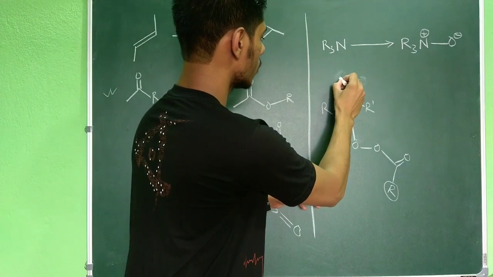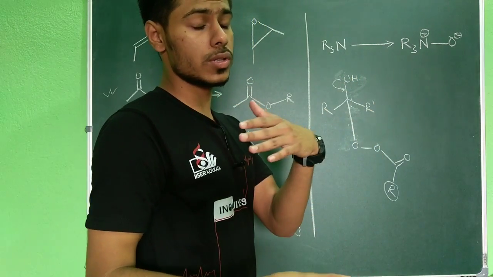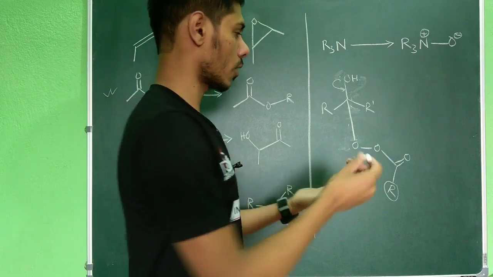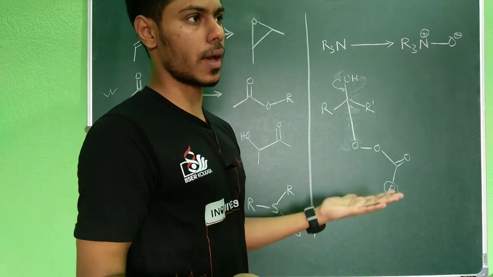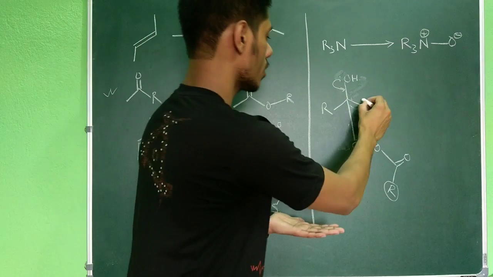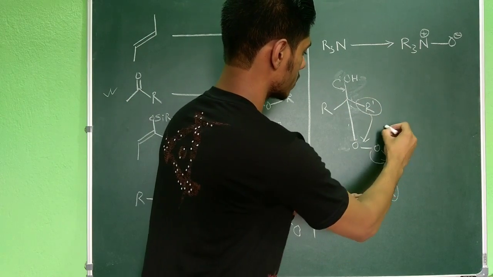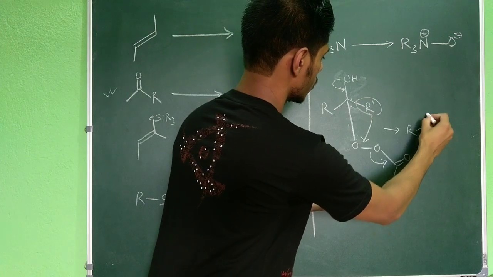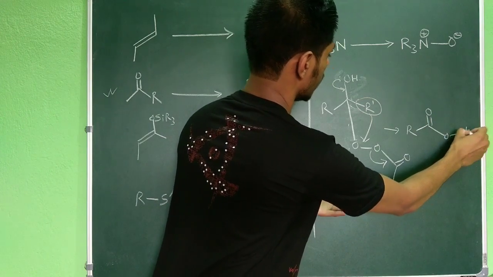Now when this oxygen lone pair pushes, the R group which has the more migratory aptitude, for example, let's say here R dash has the higher migratory aptitude over this R, so it will migrate here and this will go as a leaving group. So you will get this as your ester.